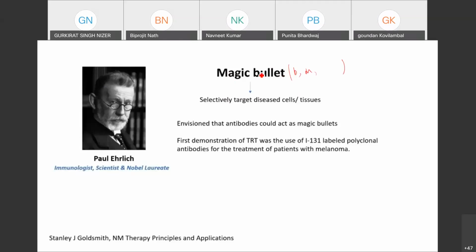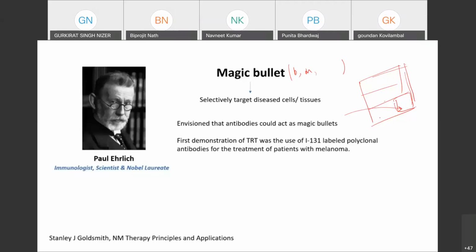But the main concept is that this magic bullet is specific for a given disease cell or given disease tissue. For example, if we have a given tissue over here and only this cell is infected, this magic bullet will go and attack this cell only, it will spare the remaining cells. And that's the main idea behind this magic bullet theory, which Paul Ehrlich proposed.